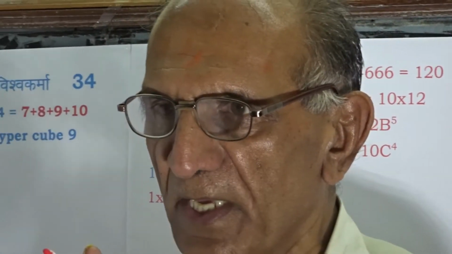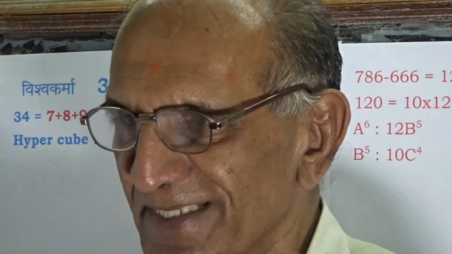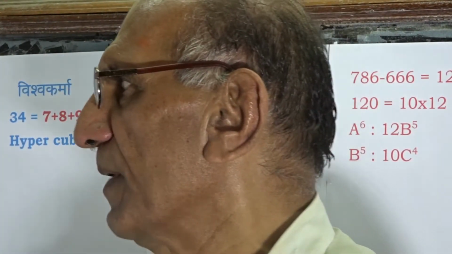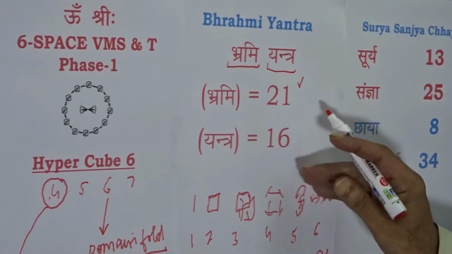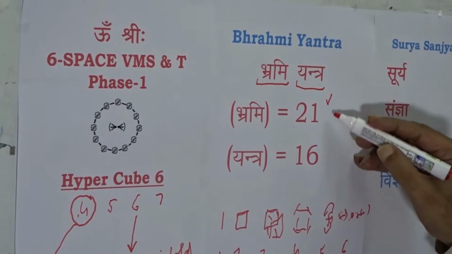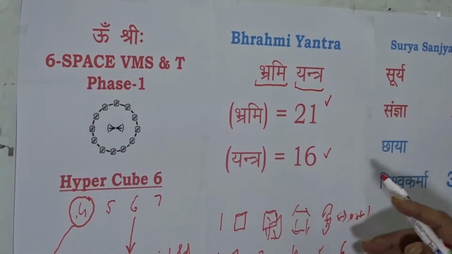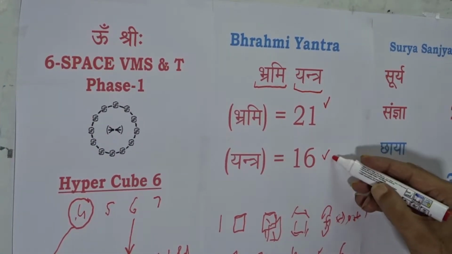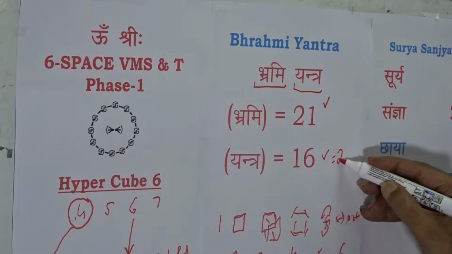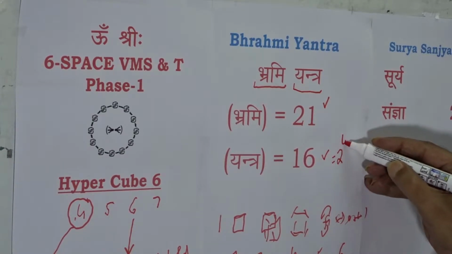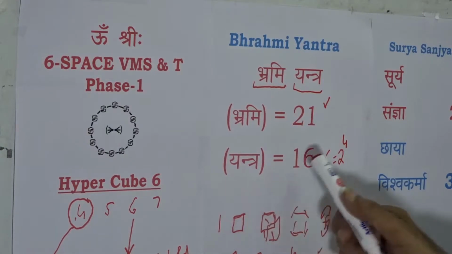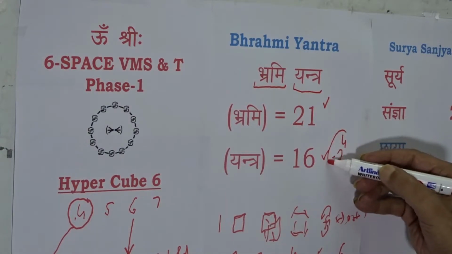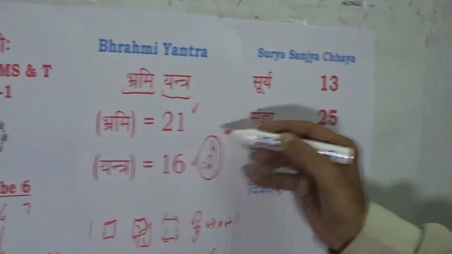Today we are initiating ourselves and exposing ourselves to the Brahmi Yantra. Brahmi Yantra means the values 6, 21 and 16. 16 is the value parallel to the dimensional frame of creators of space. 4 space has a dimensional frame of value 2 raised to power 4.